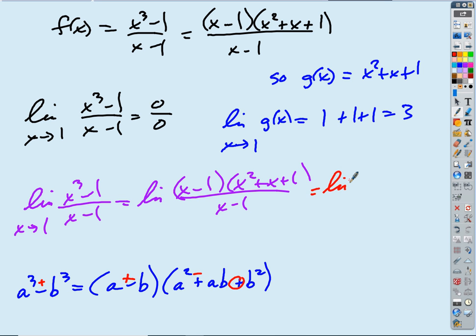the limit of x squared plus x plus 1 as x approaches 1. So I can algebraically cancel those offending factors and fill in the hole. Did I have to specifically state that this is f of x and this is g of x?